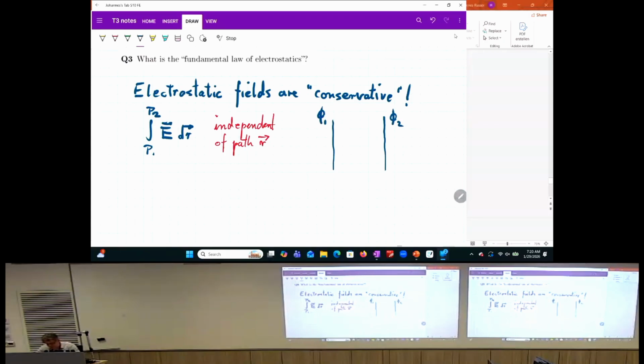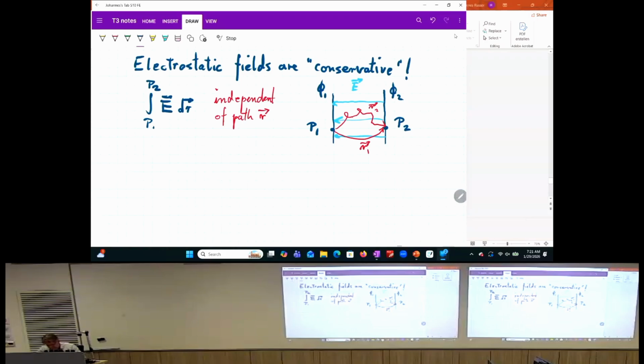So obviously you will have some field lines running from one potential to the other potential, because these two potentials are not the same. And then now you have here a point 1, and somewhere else you have a point 2. And if you choose an integration path like that, or if you go like this, doesn't matter.